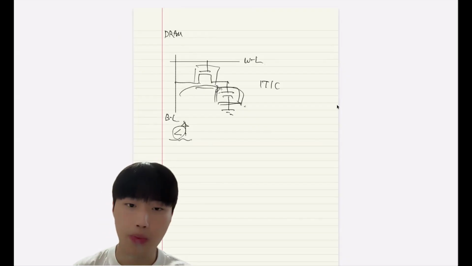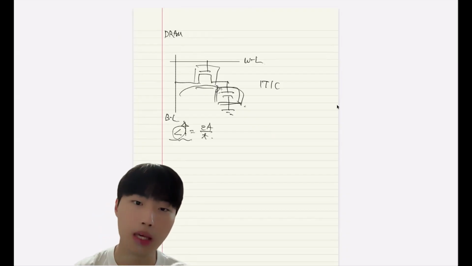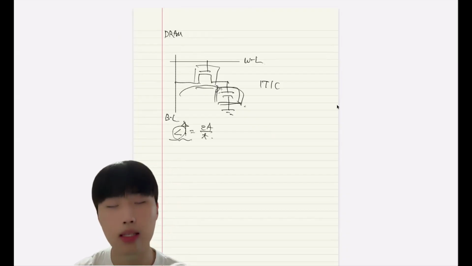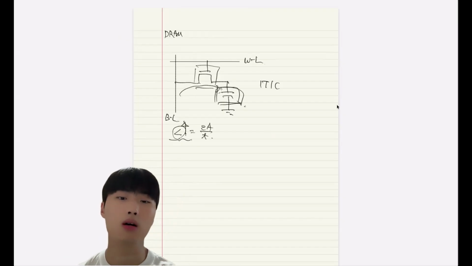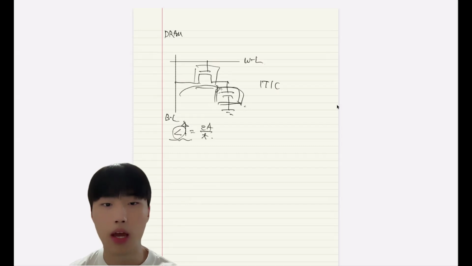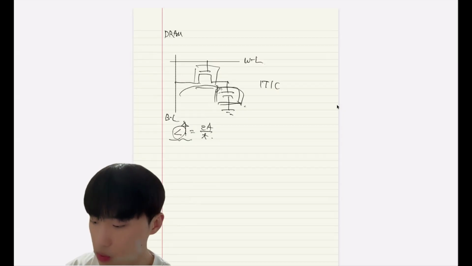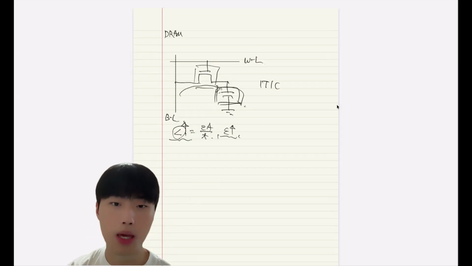We learned that capacitance is epsilon A over T, where T is the thickness, epsilon is the permittivity, and A is the area of the capacitor. So we have to make epsilon bigger.